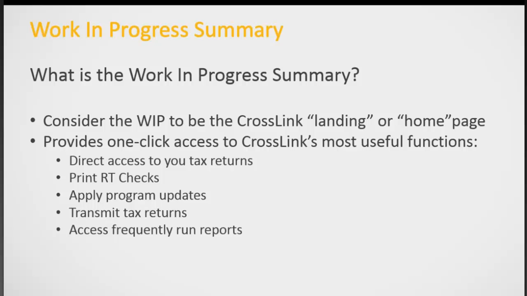You're always returning to the work in progress summary, and it gives you access to things that kind of fall through the cracks when your head's down in W-2s in the season. How many checks are available, how many returns have been entered, how many returns are rejected. Those are all reflected on the work in progress summary.